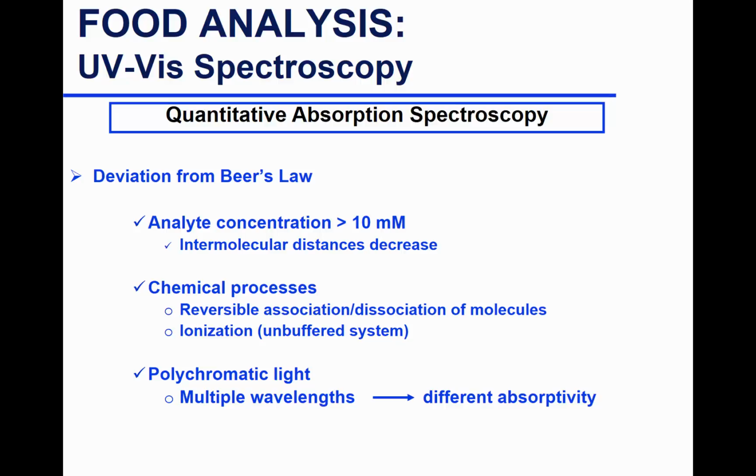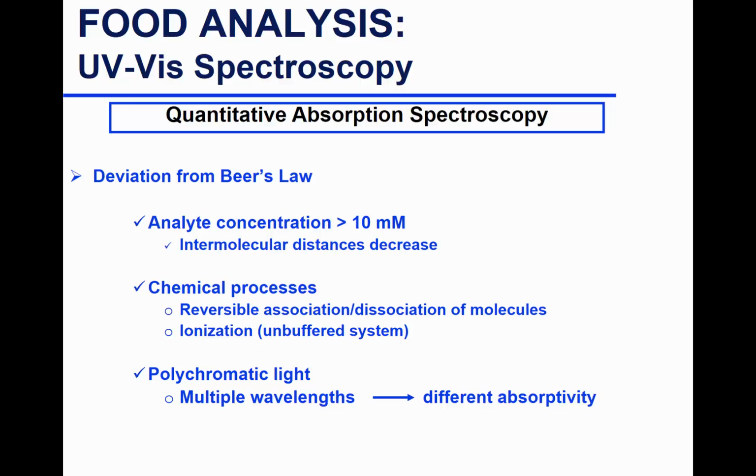Sometimes at concentrations that are too high, your solutes are very close in distance to one another, so they interfere in the chemical environment of each other. They might share electrons, bounce off electrons, for example, and that can result in differences in absorptivity. So high concentration we usually avoid in spectrophotometry. Therefore, we always tend to dilute our samples to fit with Beer's law.